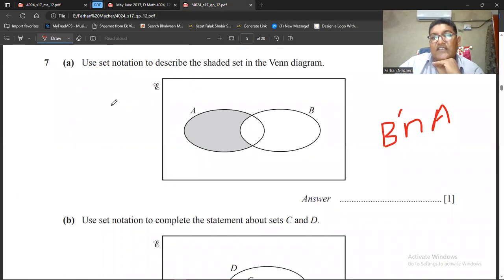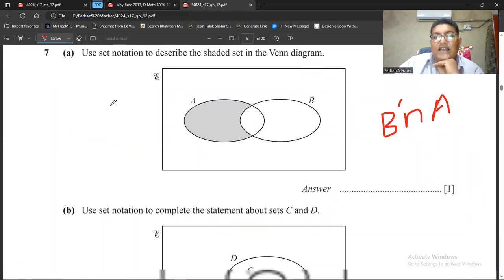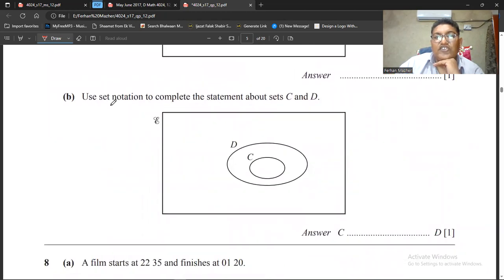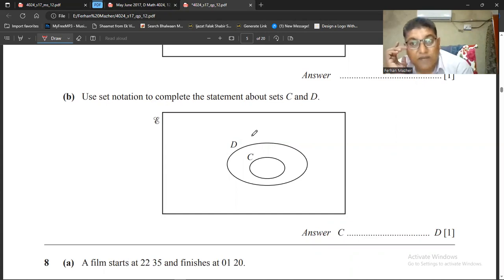So then we have the next question, question number 7, B part. It says use the set notation to complete the statement about the sets C and D. You can see the C circle is exactly inside the D circle. That means all the members of C are present in D, but D is a larger set.